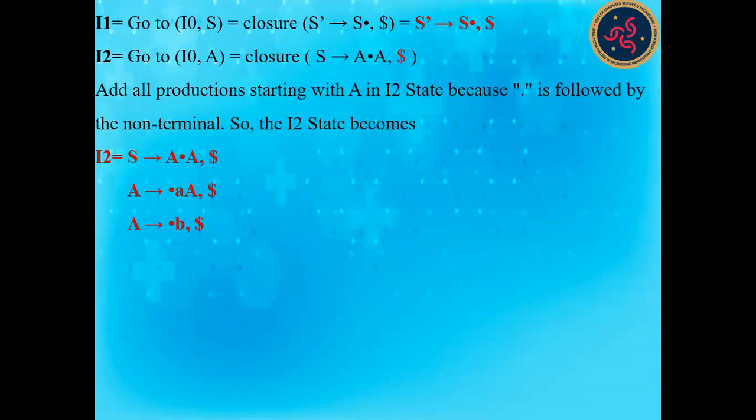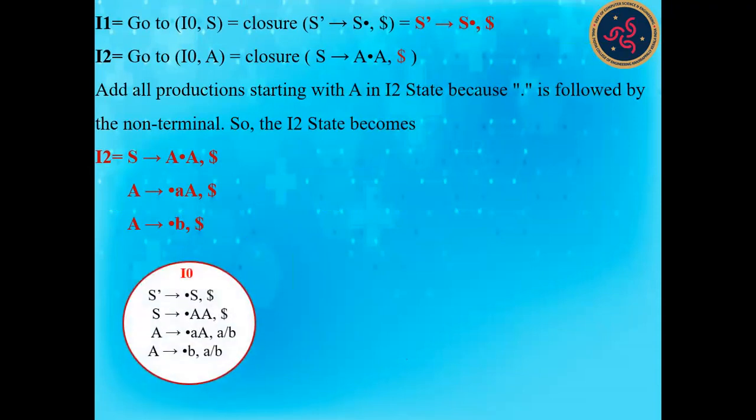So when an S comes at this state I0, it will move to a new state, that is I1, and it will have the production S prime gives S dot comma dollar symbol.